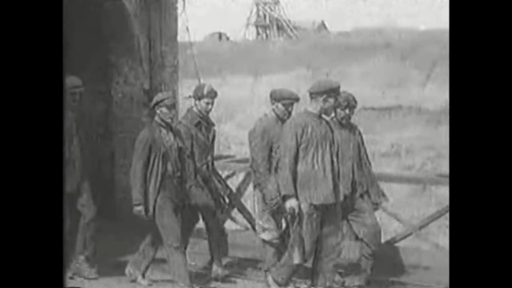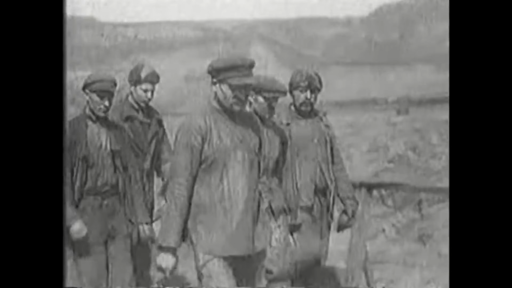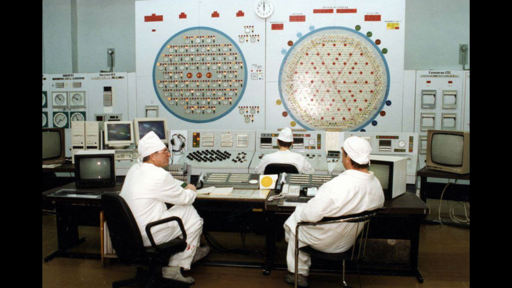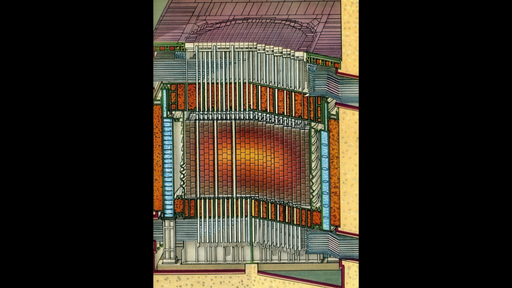Reactor A used natural uranium, about 0.7% enriched, and was intended to operate at a maximum of 100 megawatts, but is more or less like an RBMK in design, with a few differences.